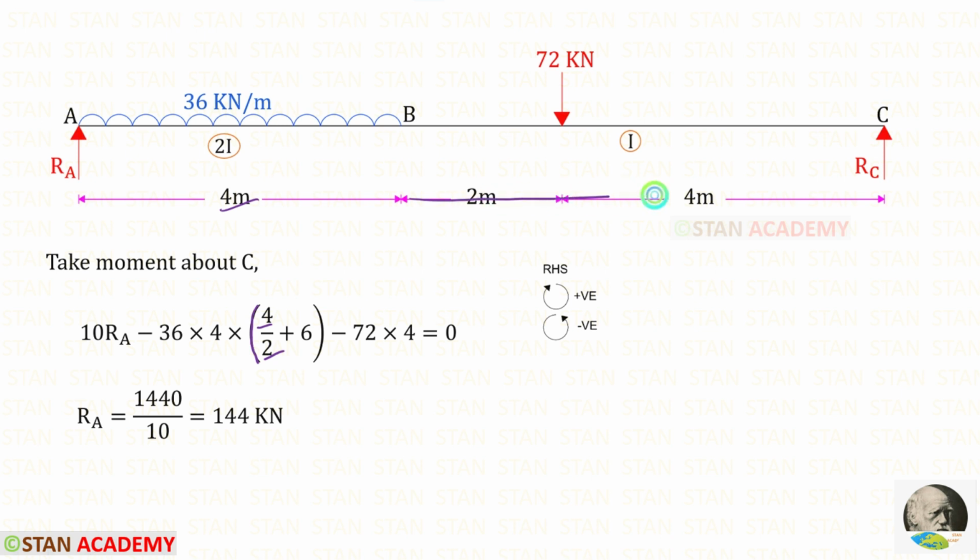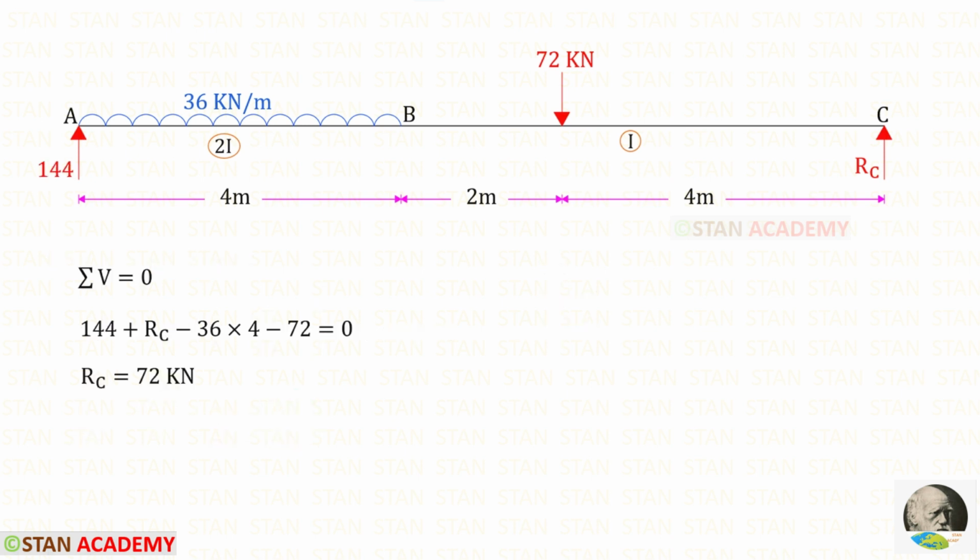Then we have to add the remaining distance, which is 6. The point load is acting in the anti-clockwise direction, so it will be negative and the distance is 4. For RA, we will get 144 kN. Then by applying this rule, we can find RC. For RC, we will get 72 kN.